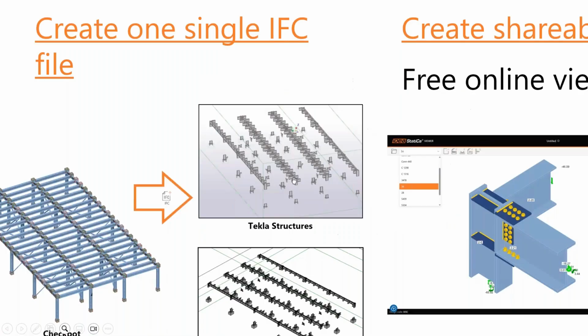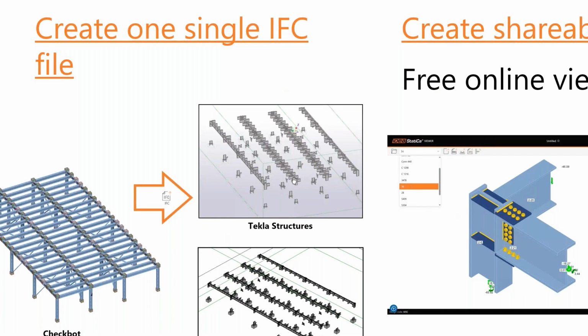It's not very clear here, but you will see all the connections there. And this can help you for coordination, right? I have seen that some users are using this model to place it in the same structure in Tekla, right?